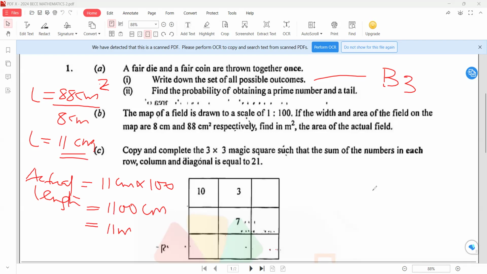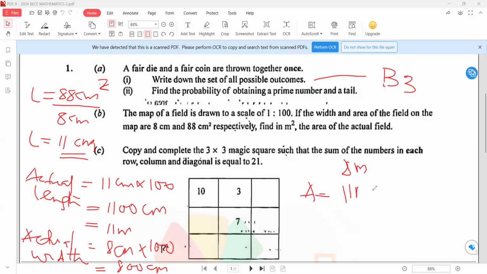Then the person also finds the actual width, which will also be 8 cm times 100, which will be 800 cm, and that would also be 8 meters. So then the area becomes 11 meters by 8 meters, which is 88 meters squared.